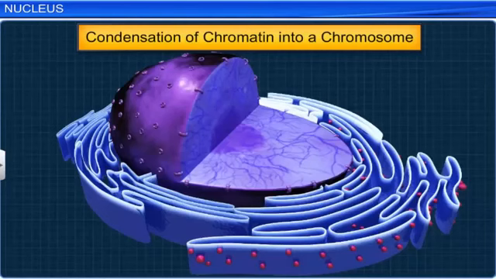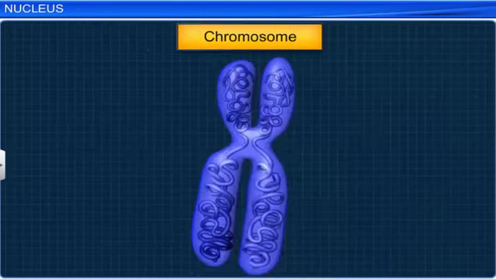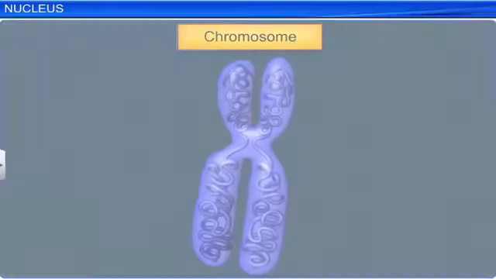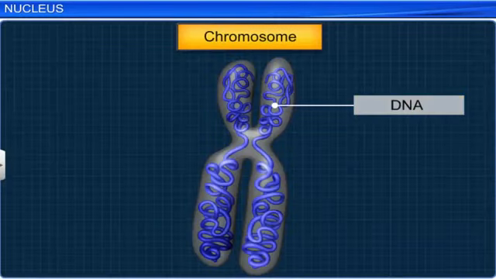When a cell begins to divide, the chromatin condenses and coils to form rod-like structures called chromosomes. The DNA threads remain distributed in these chromosomes.